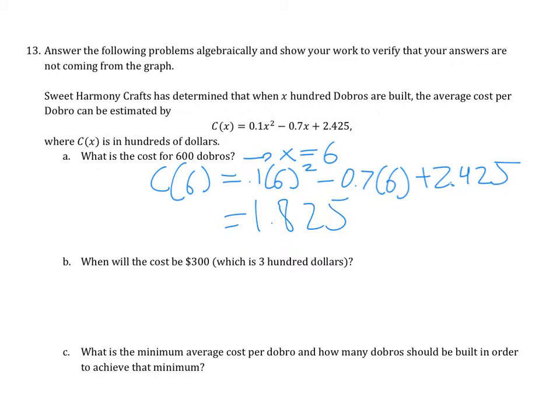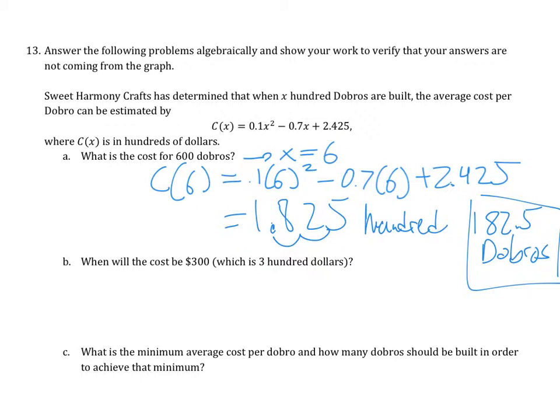So that's 1.825 hundreds. So we could just move the decimal point 2 places, and that's 182.5 dobros. All right. Not too tough there.